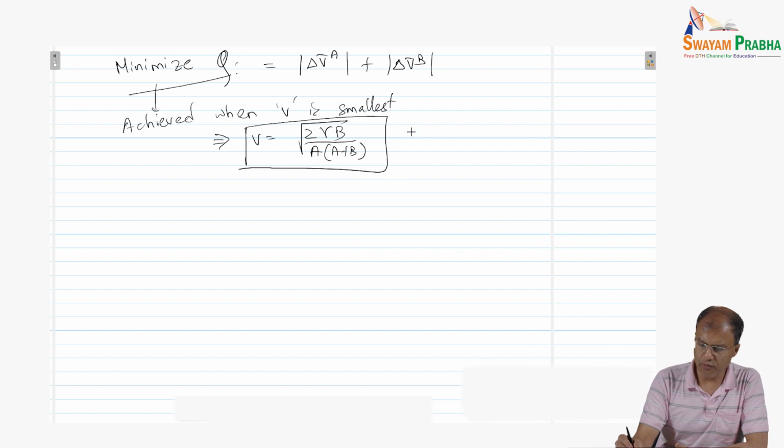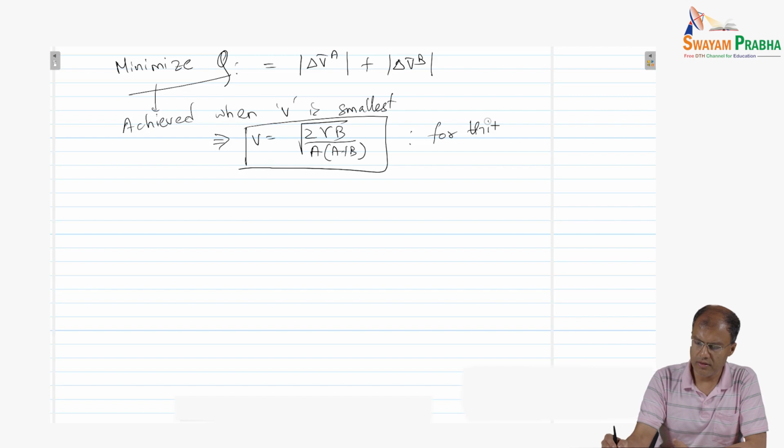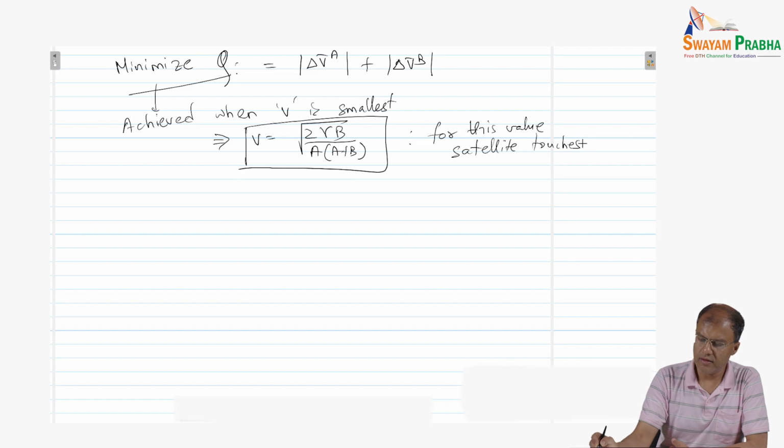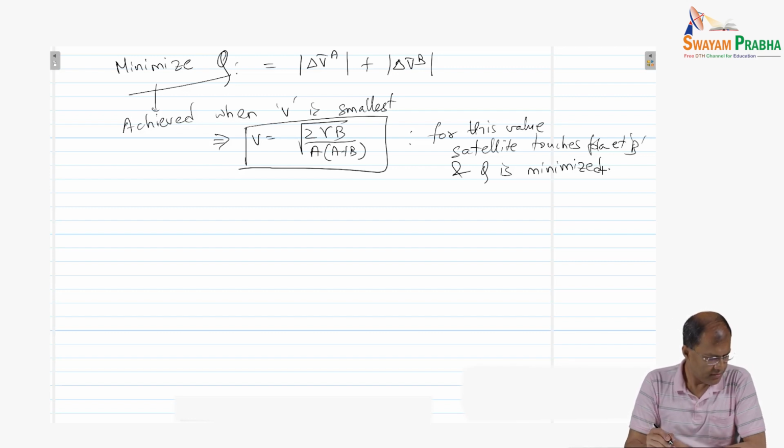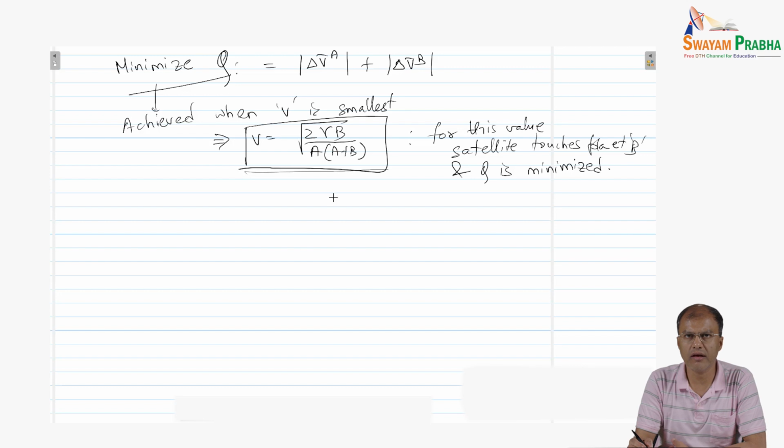And so for this value, we expect that the satellite is going to touch planet B and Q is minimized. Okay. So then, in terms of the goals of the Hohmann orbit, I think that has been achieved.